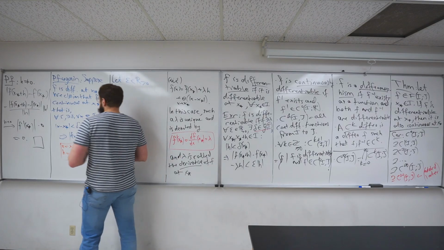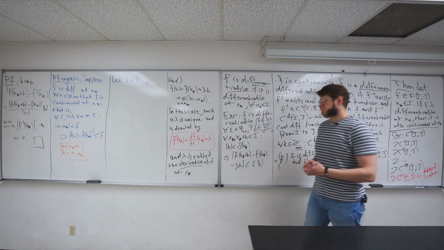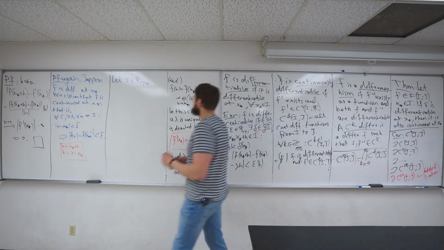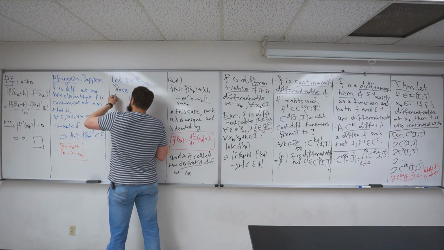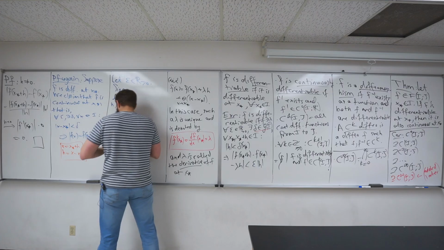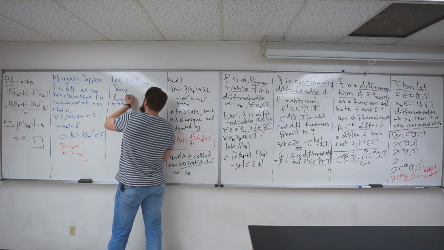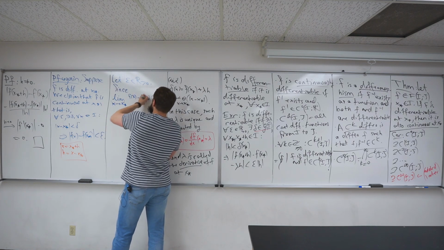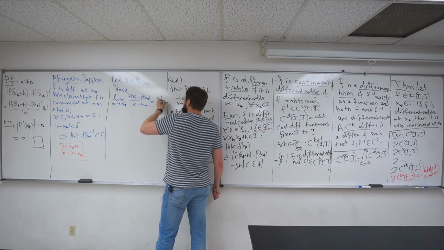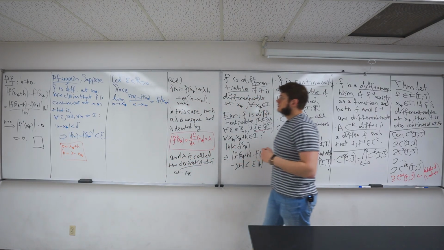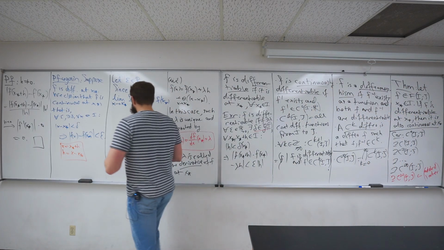I'll do it this way. Since the limit as x goes to x star of f of x minus f of x star divided by x minus x star is this number f prime of x star, I can make it so that their difference is bounded by epsilon for some delta.